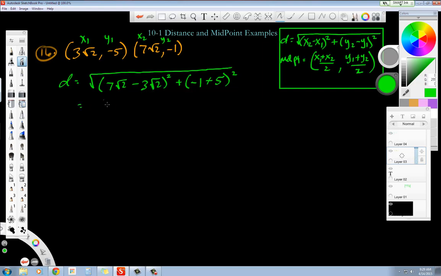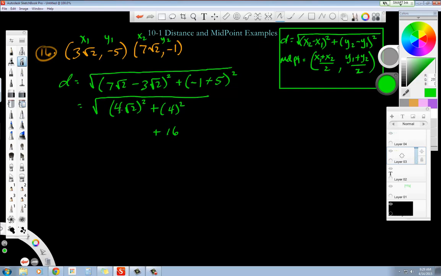Next, going to combine this. Now, you treat 7 radical 2 as like 7x. So 7 radical 2 minus 3 radical 2 is simply 4 radical 2. So that would be 4 radical 2 quantity squared plus 4 squared. So that's going to be 16 right there, 4 squared.